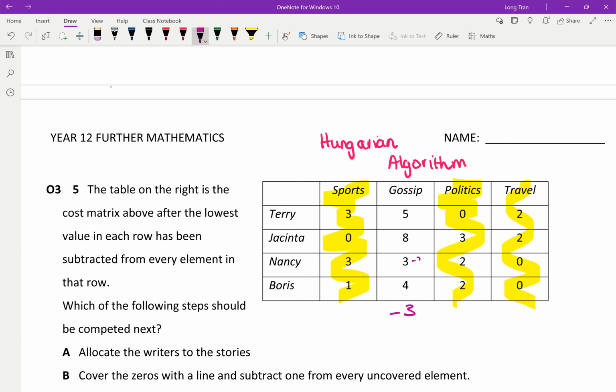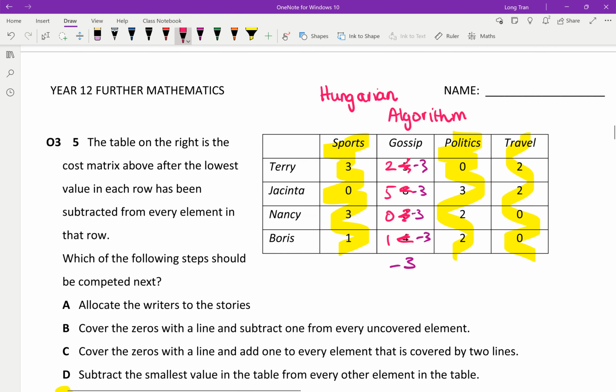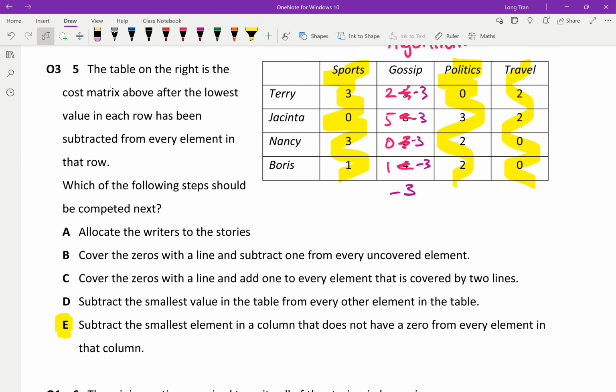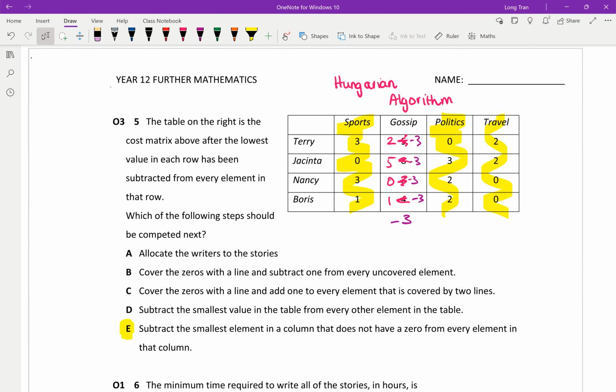So this would then subtract 3, subtract 3, subtract 3, subtract 3, which gives you a new total of 2, 5, 0, and 1. Subtract all the smallest element. Yes, and that is correct. That's essentially what we're doing, hence why it is E.